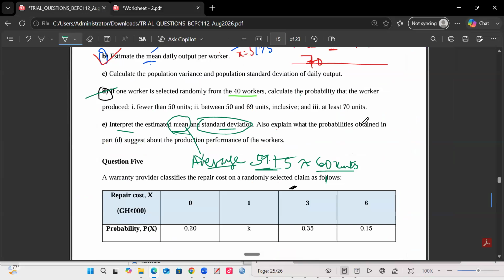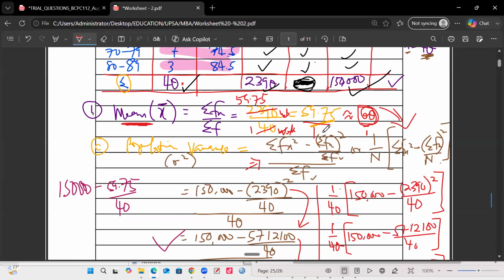So from here, you can say that every one worker produces approximately 60 units on average. That is correct. Or 60 units produced on the average, or every 60 units is produced by one worker on the average, or approximately 60 units produced is done by one worker on the average.